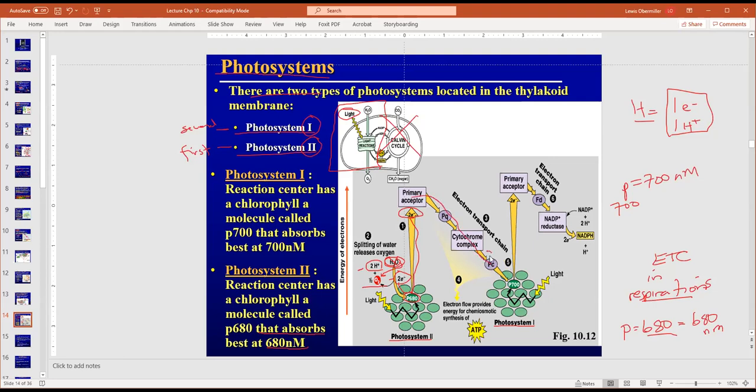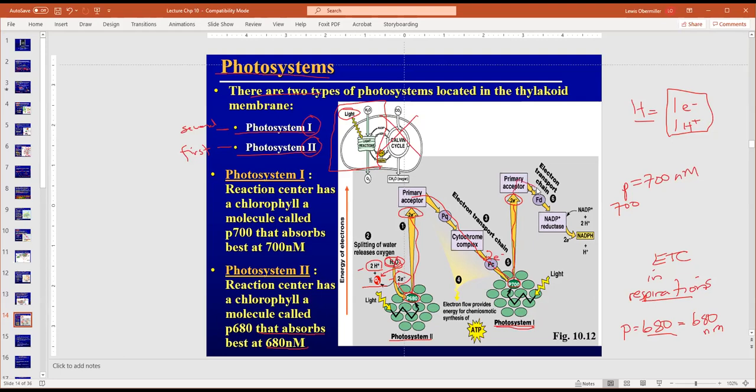So those 2 electrons are coming down this electron transport chain. If the electrons in P700 were still there, it would be like you trying to park into some parking spot that already has a car in it. So those electrons have to leave first. So they get excited, they leave. These electrons coming in from photosystem 2 replace the electrons lost in photosystem 1.